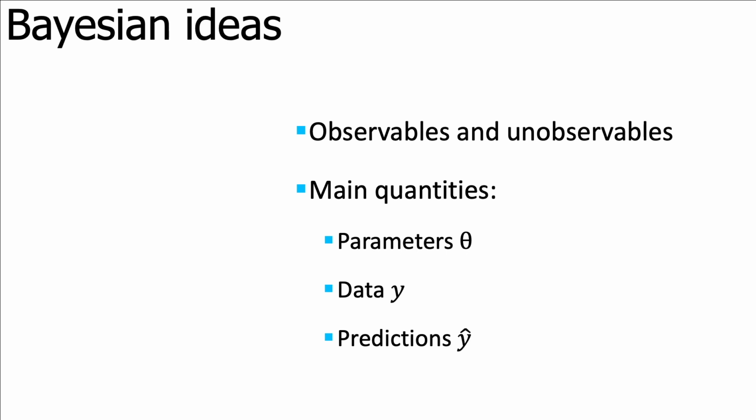Data, which we denote by y, is something that we've measured, and we are using it to create our predictions, analysis, inference. If we are creating predictions, we will be using y with either a hat or a wave, something that we predict using our available knowledge. Okay?